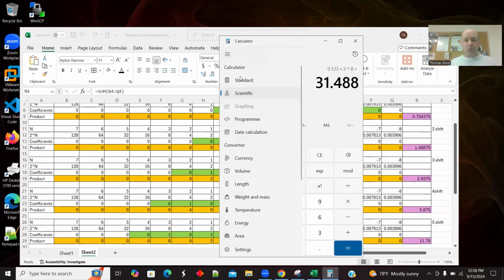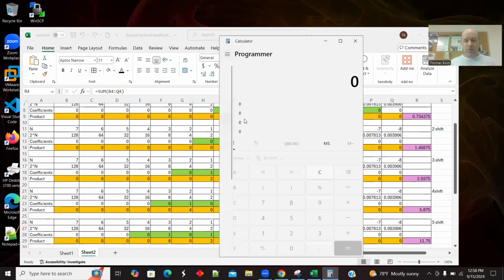I'm going to take my 31 over to programmer mode, Control V, and then there it is: 0, 0, 0, and then a bunch of ones, 5 ones. Okay, and the number was less than a half, less than a quarter, less than an eighth, but it was only a little bit less than an eighth. So then it was a lot of ones following that.